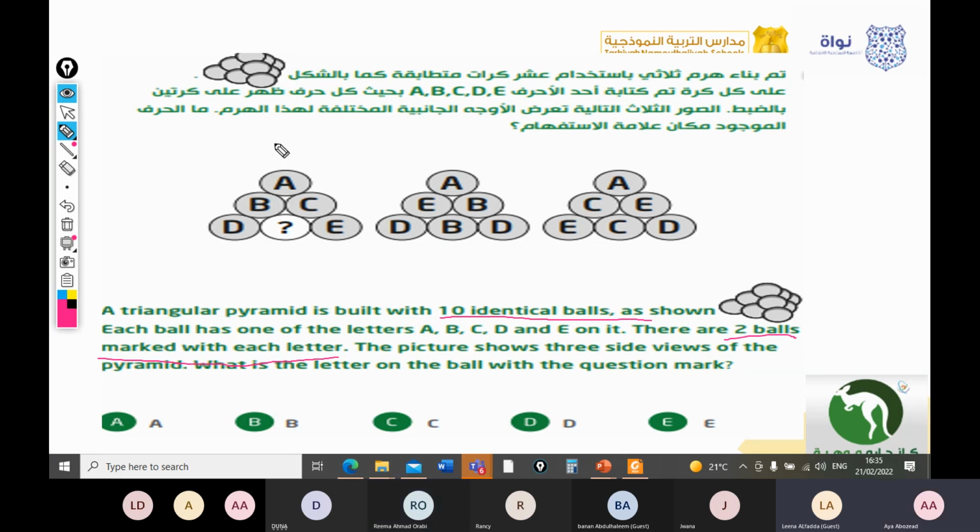From these balls, we make a triangular pyramid. You have 10 balls, and each two balls have the same letter. So you must have 2A, 2B, 2C. These are the three sides of the triangular pyramid. So which letter is missing here?